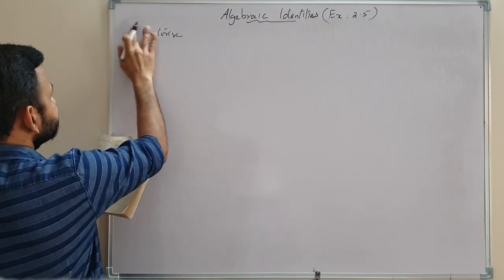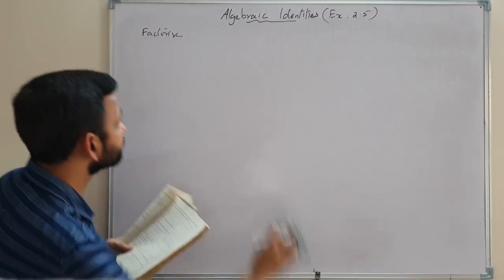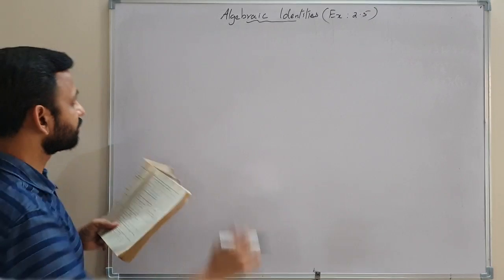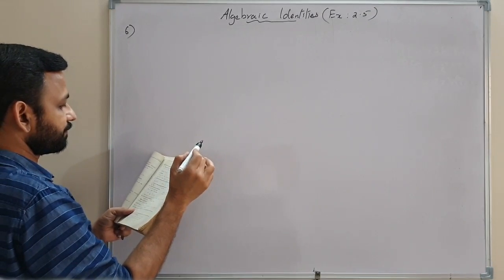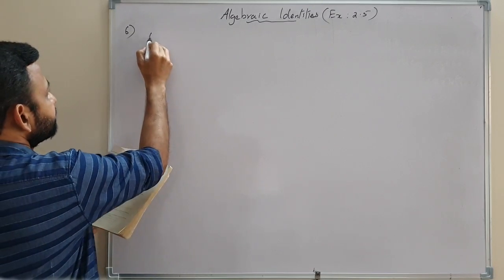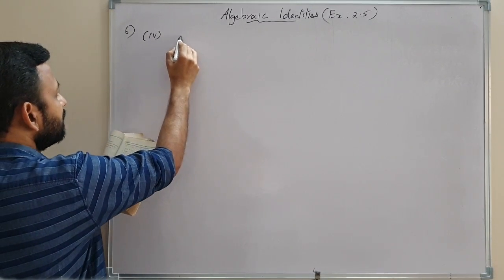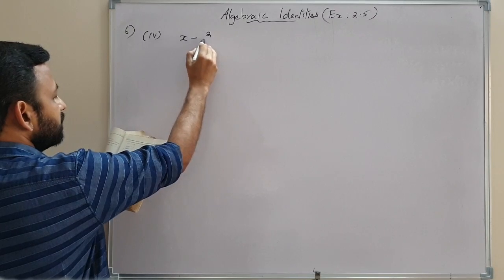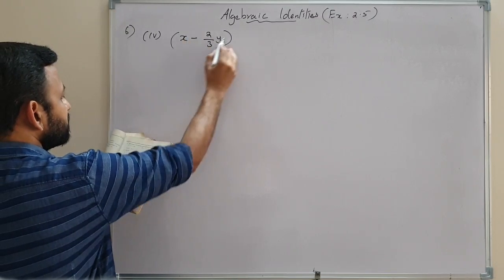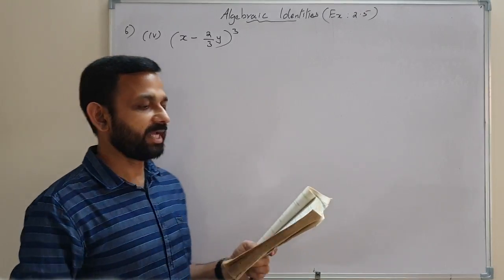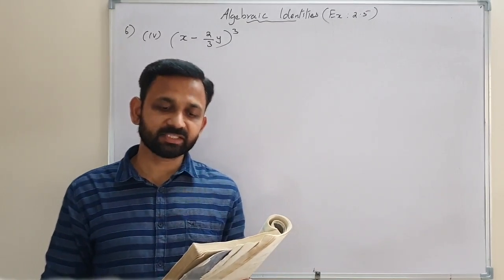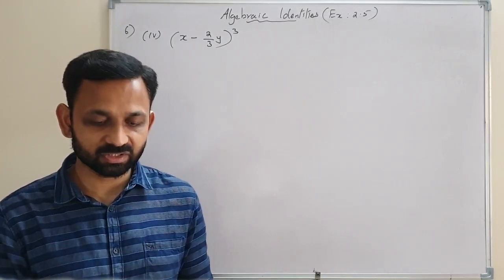Sixth question, fourth part: x minus 2 by 3y raised to the power 3. So we need to write the expanded form of this one, x minus 2 upon 3y raised to the power 3.